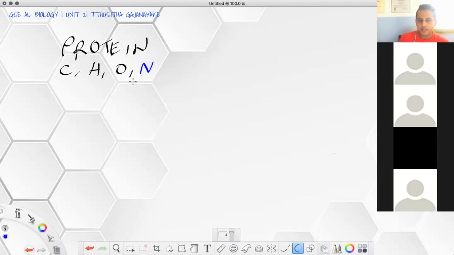Protein has nitrogen, and some proteins have sulfur. Some proteins have a sulfur group, right? Let's see what the functions of proteins are, because it has many functions.